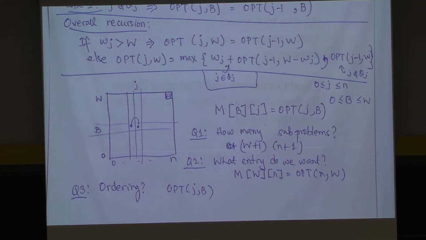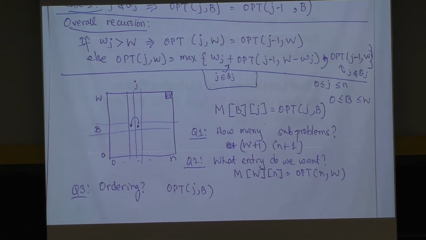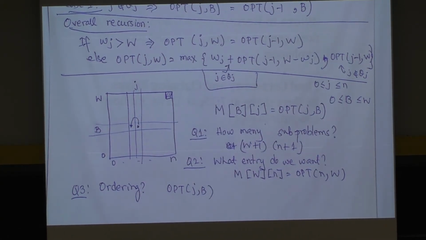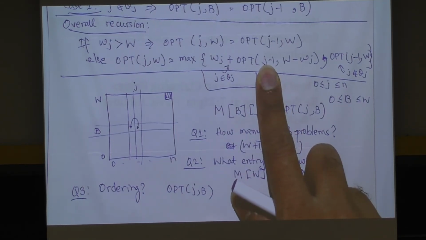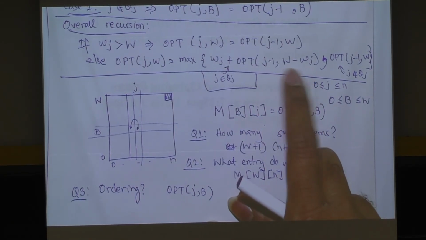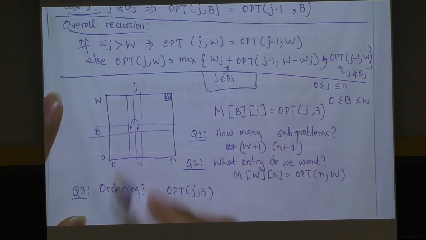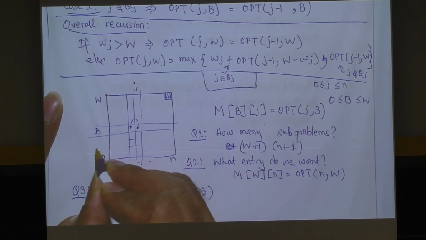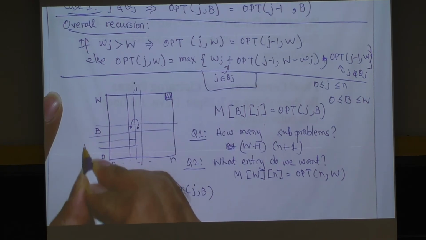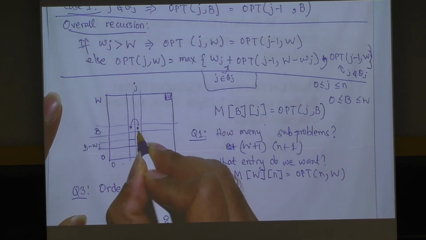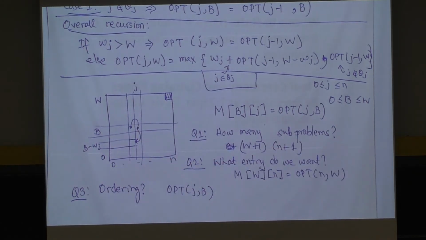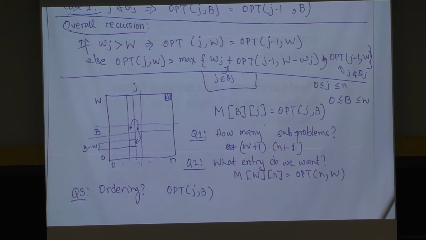So this can definitely depend on the value in the same row, but in the previous column. Or it could be a value in the previous column where the budget is now smaller. So there could be an entry corresponding to b minus wj. But these are the only two other values that this b comma jth entry will depend on.